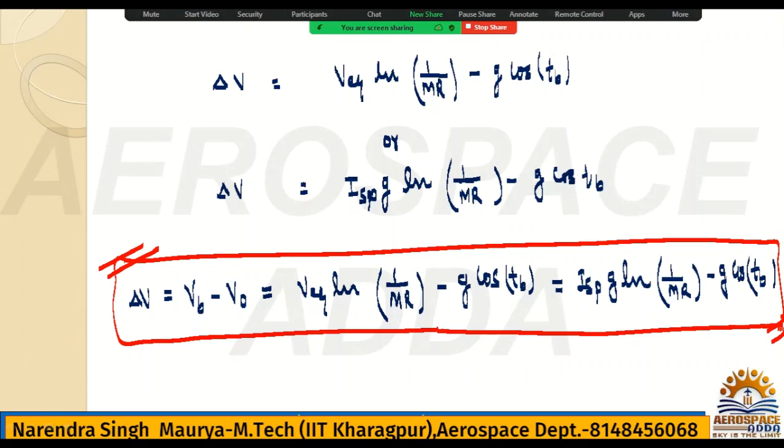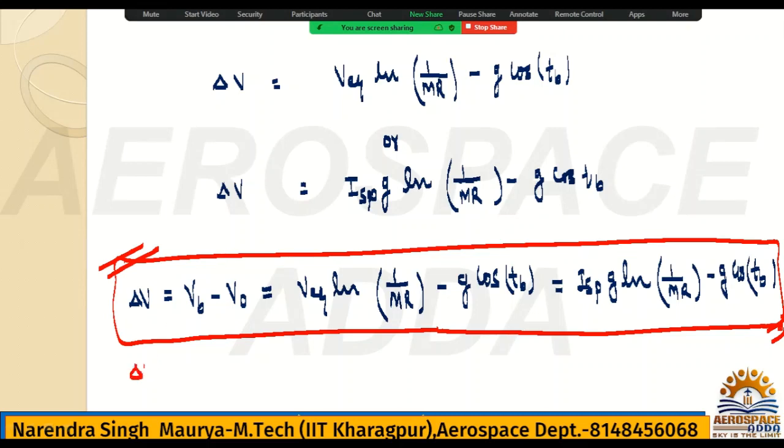So this is called the final equation or rocket equation, and this delta V is called change in velocity, or sometimes the incremental change in rocket velocity.